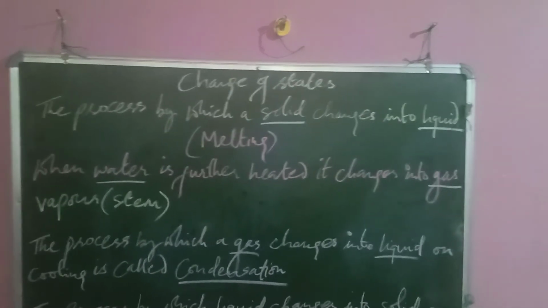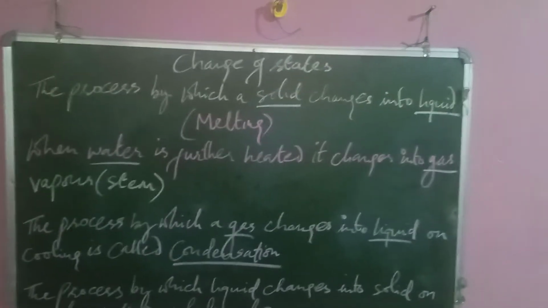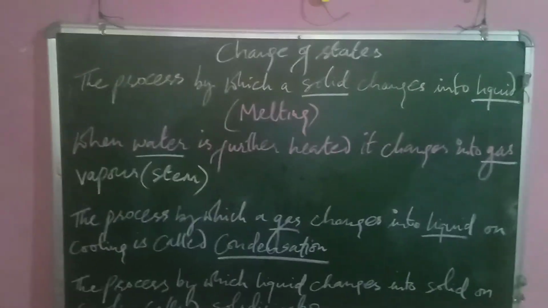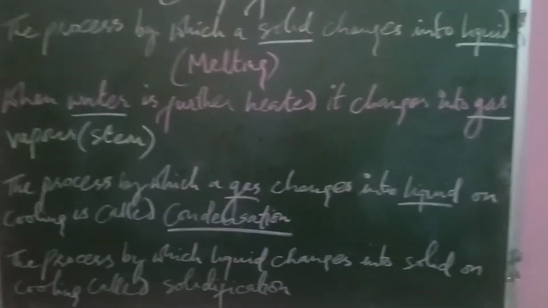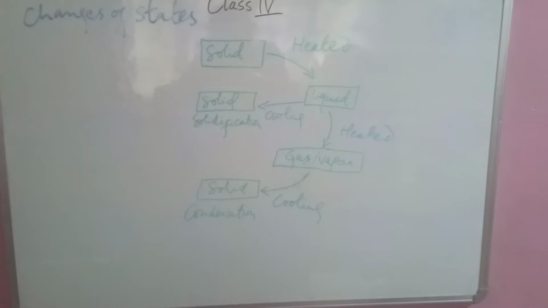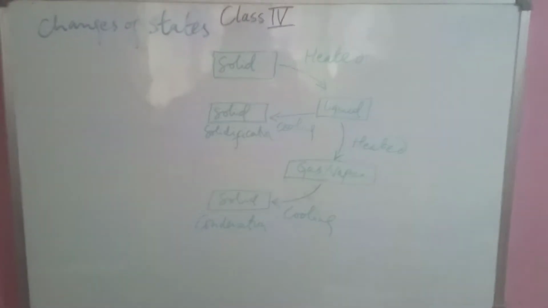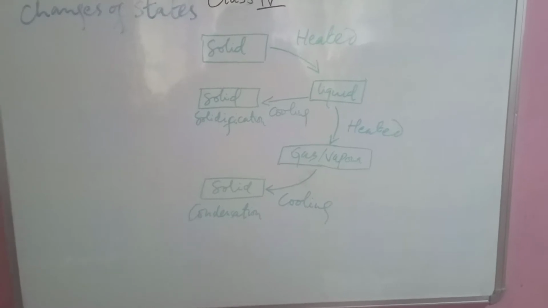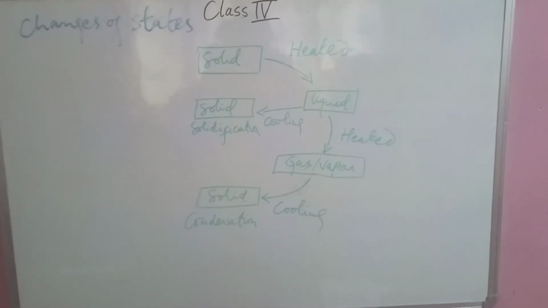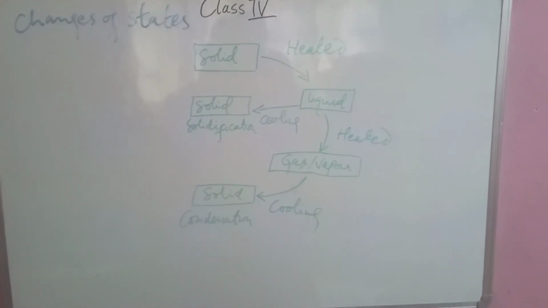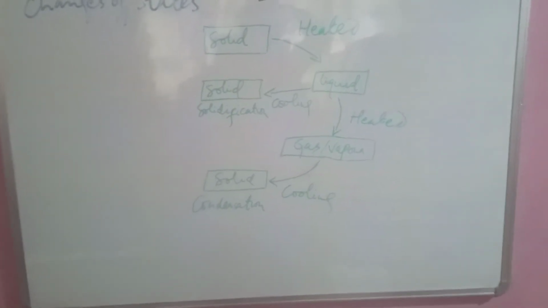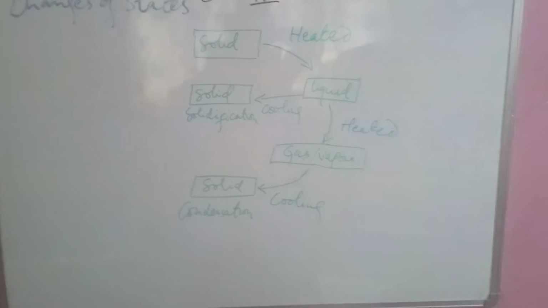So these are some of the changes of state, from solid to liquid and liquid to gas. The changes of state take place like this. When you heat the solid, it changes into liquid. If the liquid is further heated, it turns into gas or vapor.